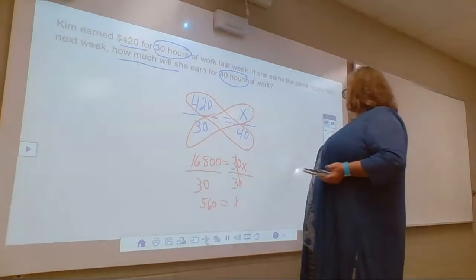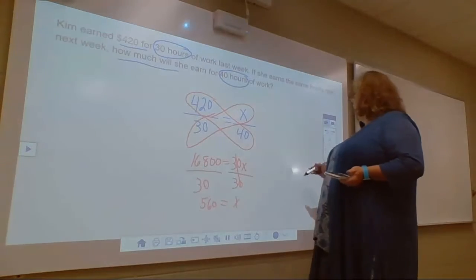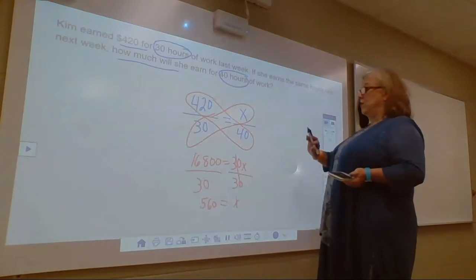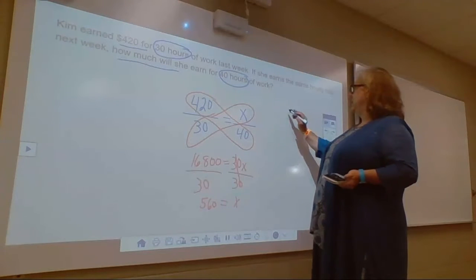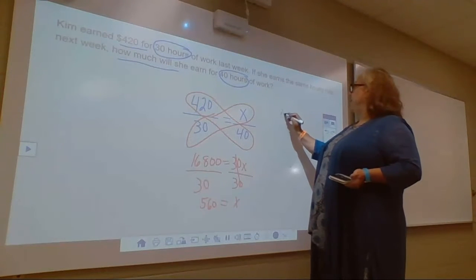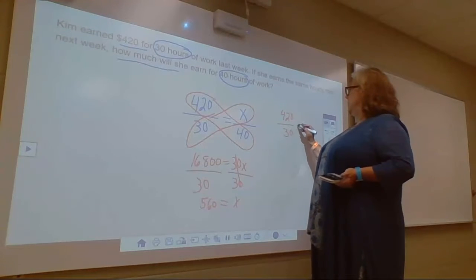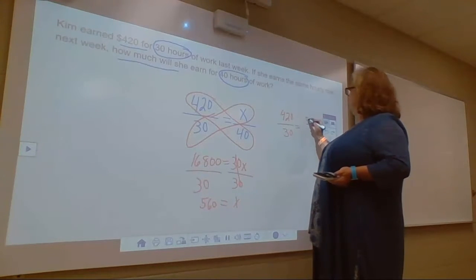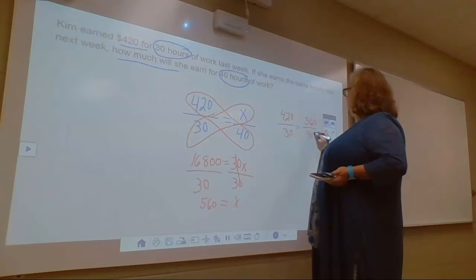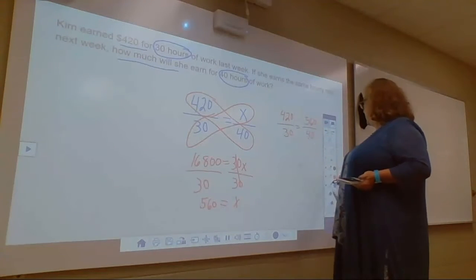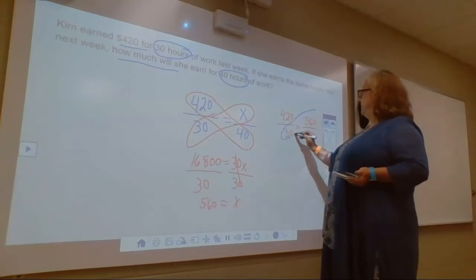If you don't remember how to check your work, or if you're not sure if this is correct, check your work. Say 420 over 30 equals 560 over 40. Do your cross multiplication again.